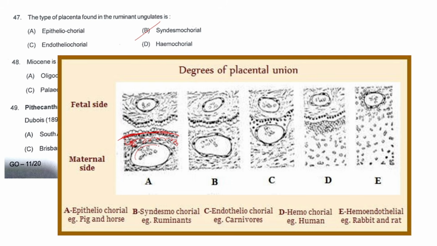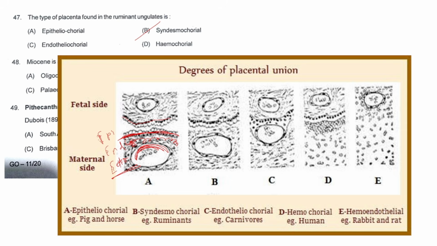And then comes the endothelium, meaning the blood vessels of the mother. Okay, 3 layers: epithelium, then the endometrium, then the endothelial layer. Endothelial means the blood vessel layer. Okay, 3 layers from the mother side, and the fetal side also has 3 layers.